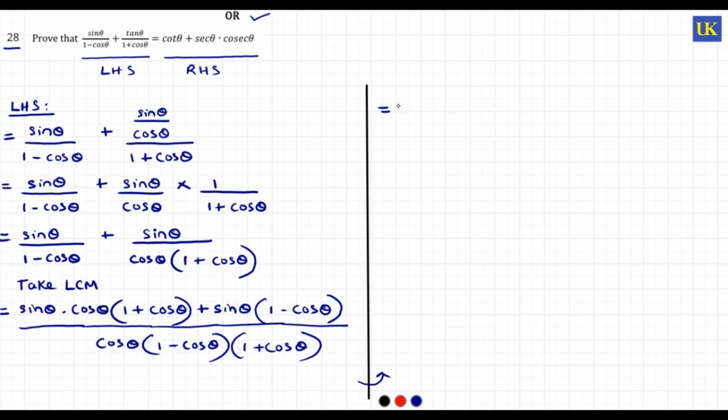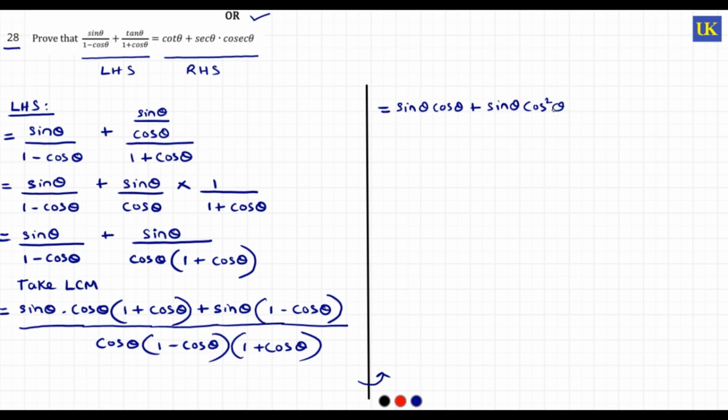So here we have sin theta into cos theta plus we'll multiply with cos theta now, so sin theta, and this will become cos square theta.